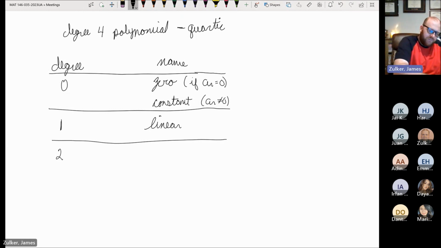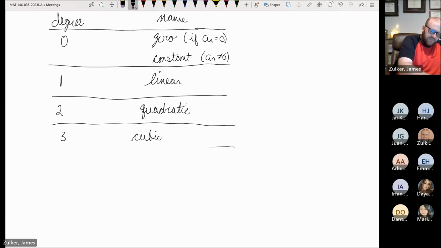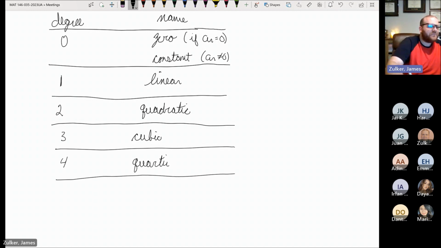All right, degree 2, we already know. Degree 3, cubic. Degree 4 is quartic.